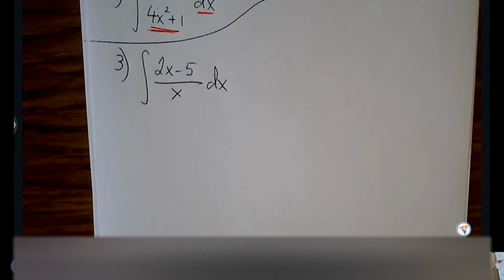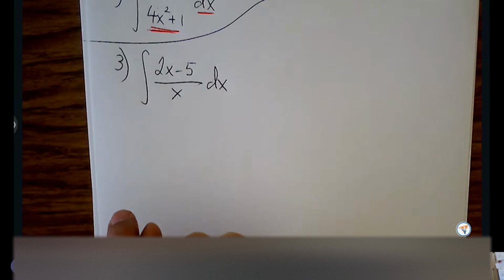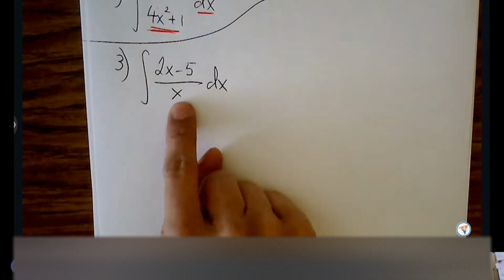All right, what do you notice about number 3? The numerator has 2 terms, the denominator has 1. Okay, so can we explore option number 1? The numerator has multiple terms. Oh, yeah. Okay, so the numerator is not the issue, right? The denominator, we're okay, right?